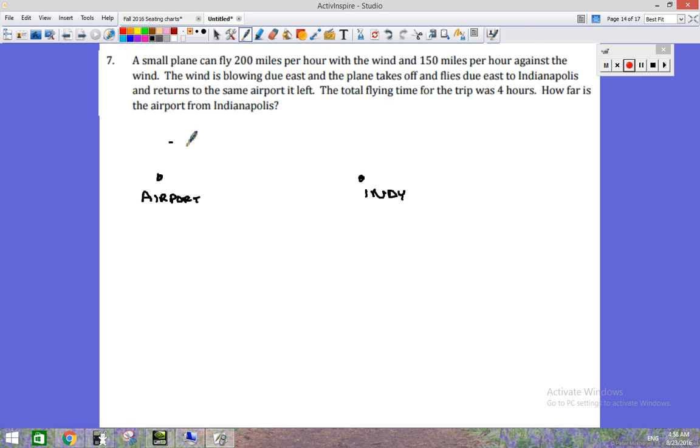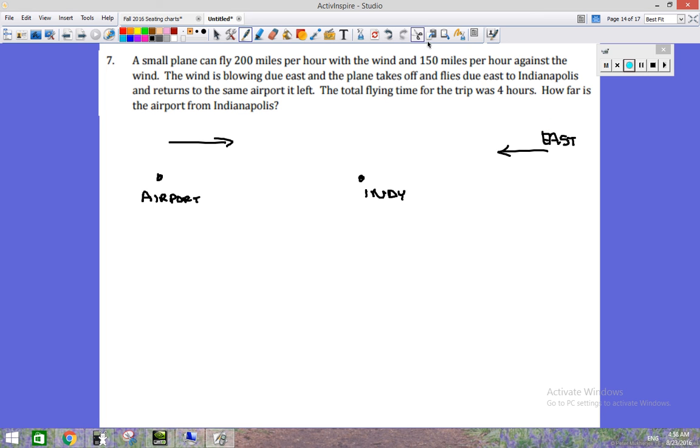and when the wind is blowing due east, so this direction is east, and the plane is taking off going into the wind, right? The wind is blowing due east, the plane takes off and flies.